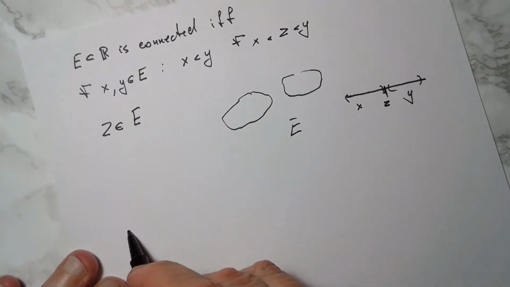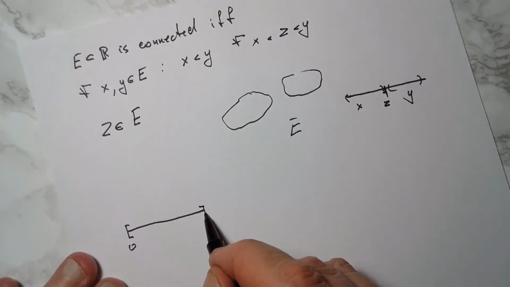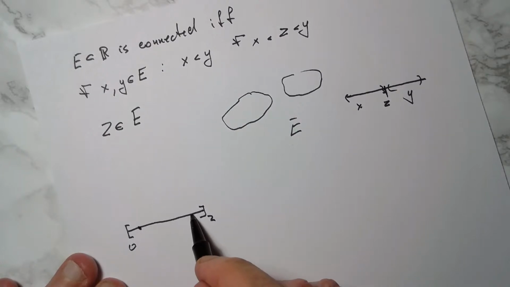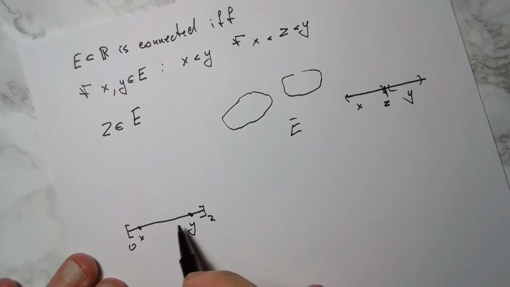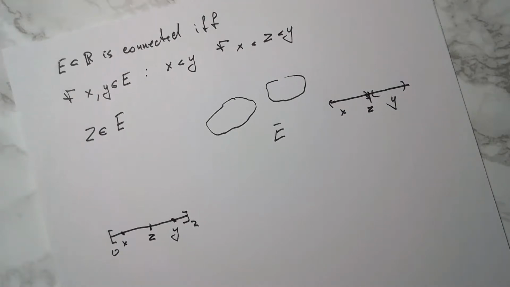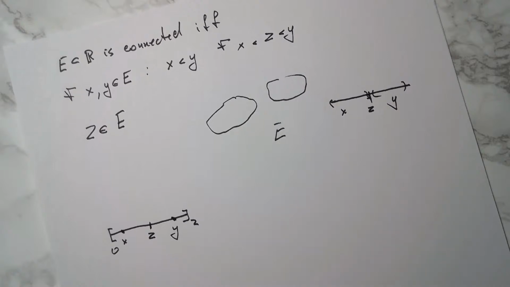On the other hand, if you look at the intervals that we were talking about from the very beginning, the interval 0, 2, you pick any two points in this interval, x and y, and you pick any point z in between those two points. This point z will belong to this interval, and because it has this property, we can conclude using the theorem that we just proved that the set is connected.